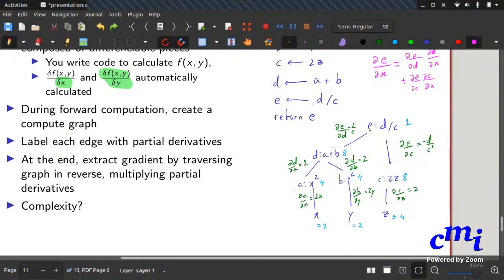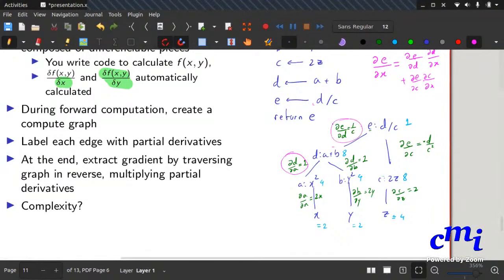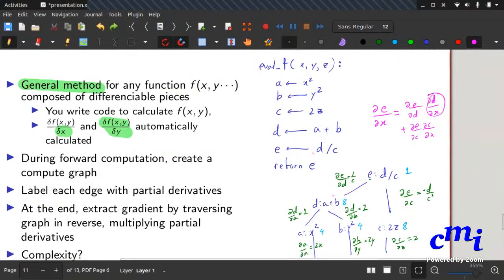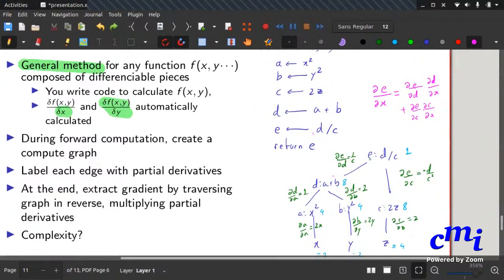We know that all that we need really are these partial derivatives, right? So if you were to expand out this recursion all the way, we expand out this delta d delta x, right? We'll get some expression.